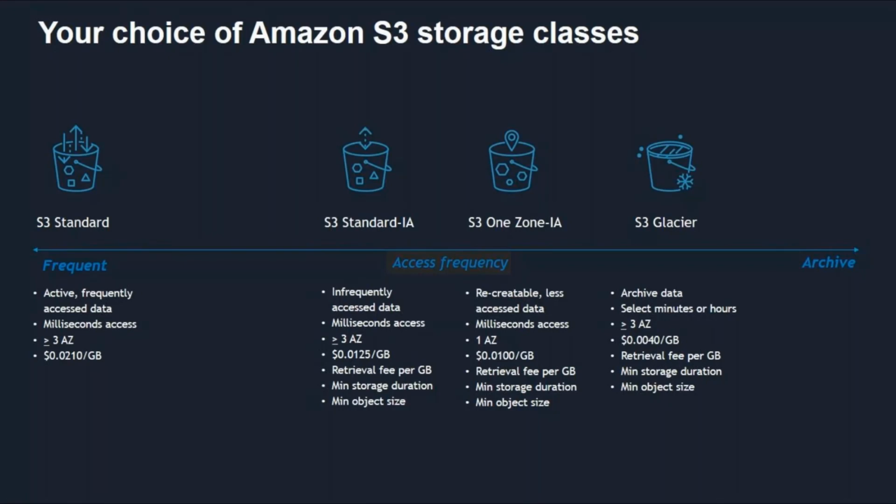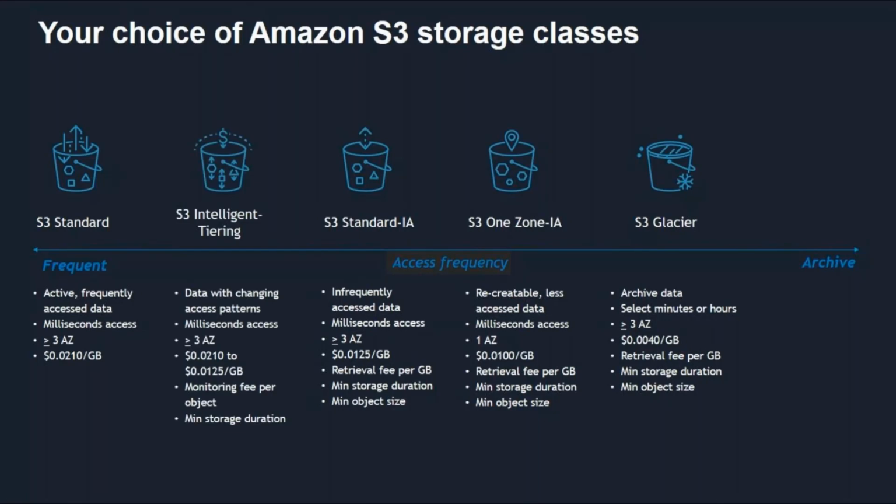However, introduced rather recently is the intelligent tiering class of S3, which allows you to support data with changing access patterns, allowing for the same millisecond response time, but for data to move between a standard availability class and an infrequent access class. This type of storage is powerful because it represents common use of data where data is stored for a period of time and used, but then as it ages, it is no longer accessed and can be moved to generate that cost savings automatically.